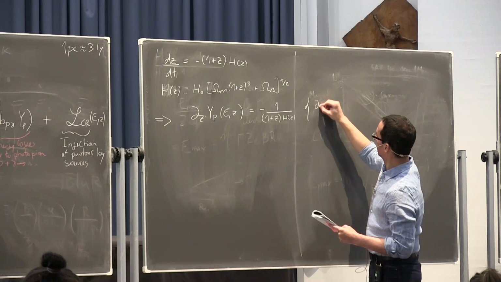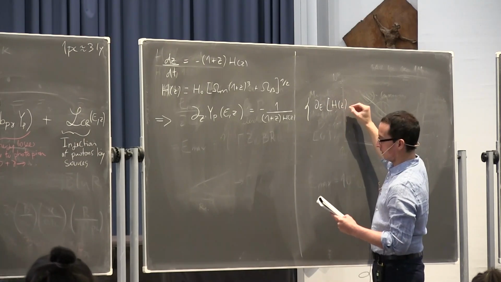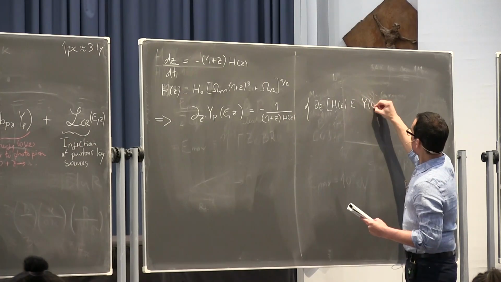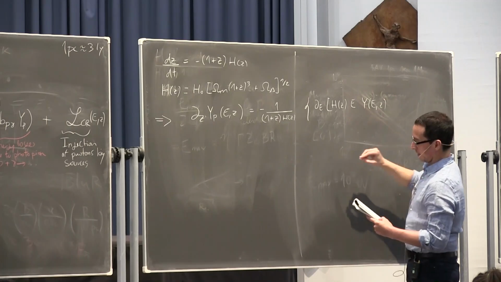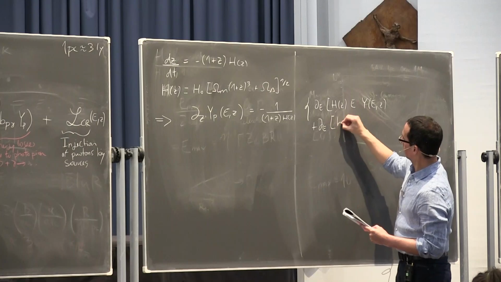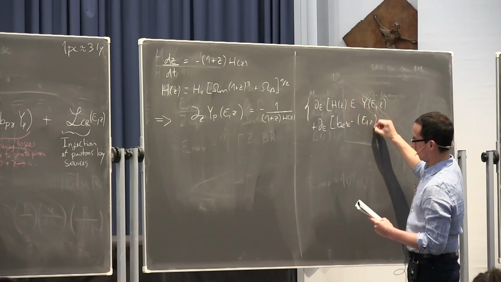So let me write it in full so you see the dependence on all the parameters. This depends on H(z). This is E(z).